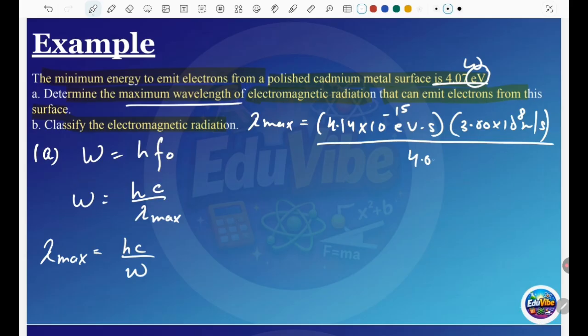And this is 4.0 eV. When you calculate this, you get 3.05 into 10 raised to minus 7 meters.